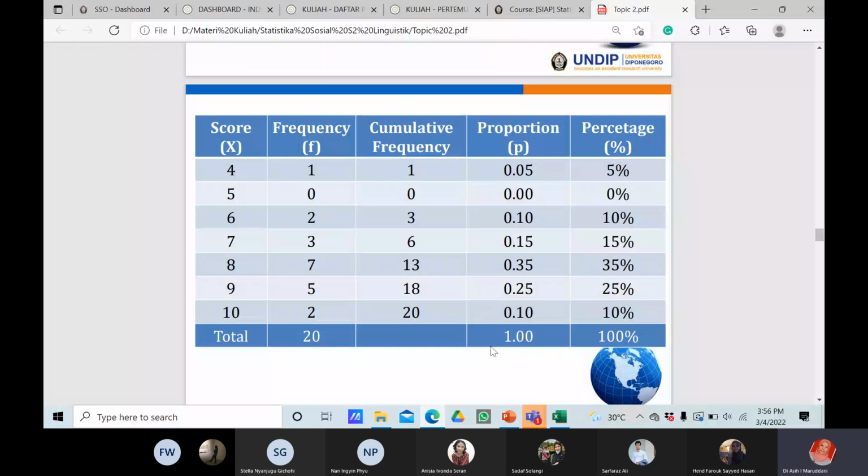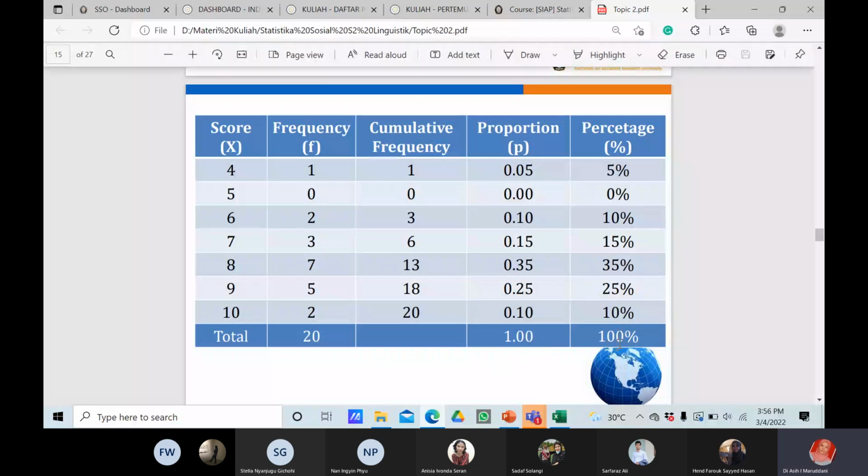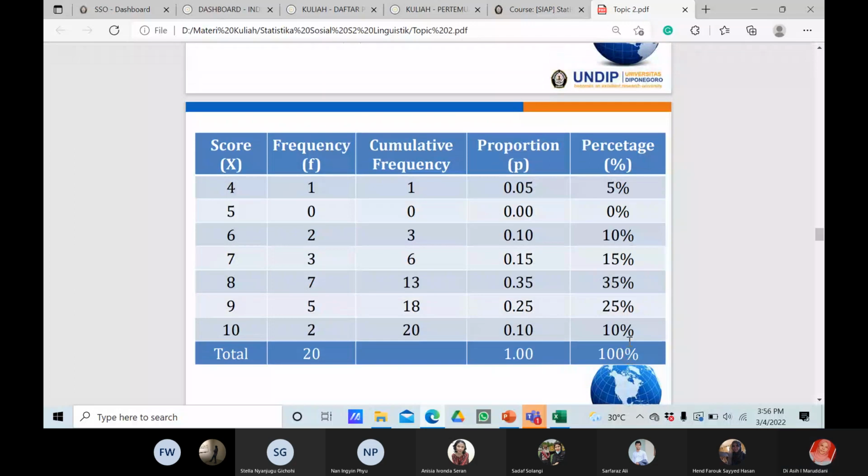The total proportion should equal 1, because the sum of all proportions is equal to 1, and the total percentage should be 100%. Okay, any question?